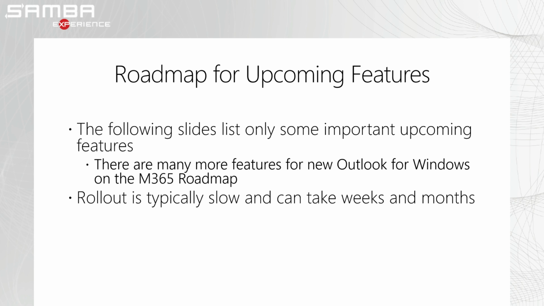On the following slides, I put select features listed in the roadmap with estimated deployment dates. And please keep in mind that deployment is typically slow and takes some significant time, and the dates that I list are estimates.